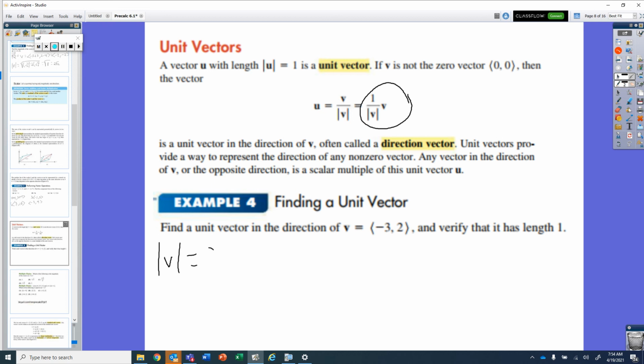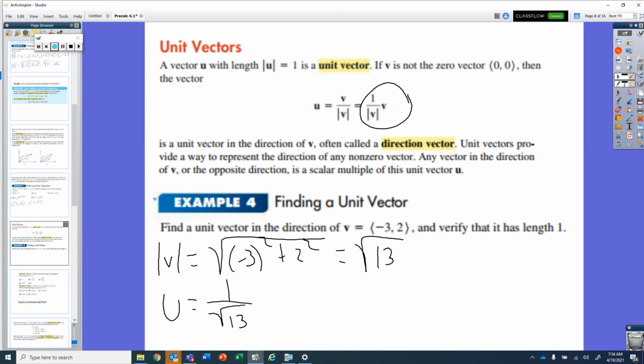So we're going to find the magnitude, which is the square root of -3 squared plus 2 squared. Well, 9 plus 4 is 13. So what that means is the size of vector v is the square root of 13. So to find the unit vector u, we multiply the original vector by 1 over the square root of 13.